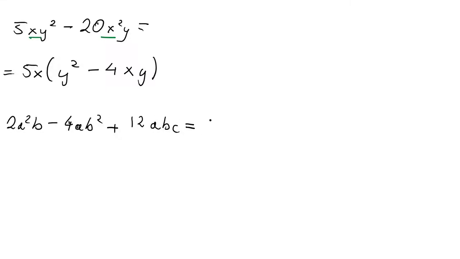I can tell you that it's 2, because 12, 4, and 2 are all divisible by 2. Now, what variable is common to all of those terms in the expression? So a and b are in the first term, a and b are in the second term, and a and b are in the third term. So we can definitely say that ab is going to be in our highest common factor.